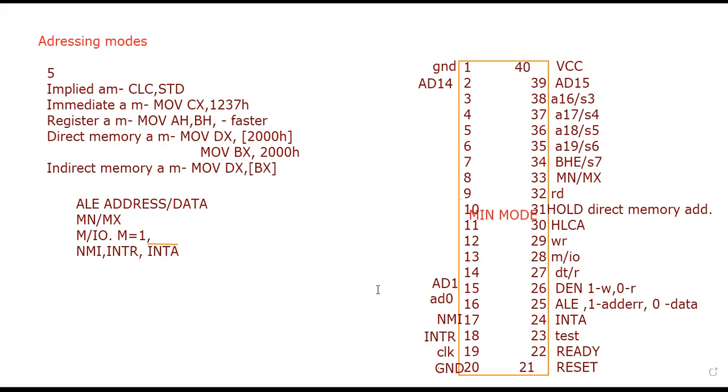Then we have one last question from this chapter: segmentation, or generating a physical address using a logical address. Quickly write this down and let me know.